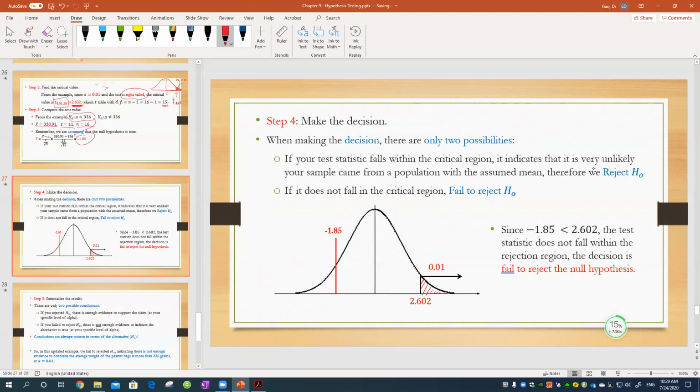So it's in the regular region, and we cannot reject the null hypothesis. That's the decision: since negative 1.85 is not more than 2.602, we fail to reject the null hypothesis H naught.